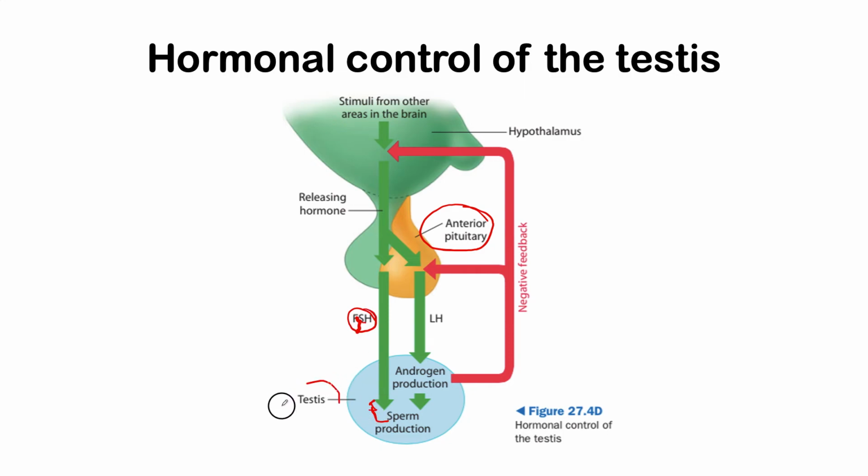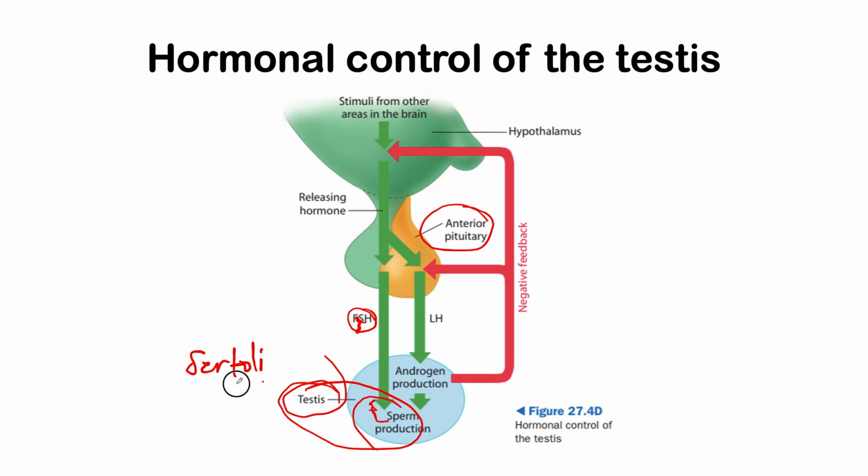So, ayan, dito siya. Pupunta siya sa inyong testes for spermatogenesis. If there are already a lot of sperm cells that have been produced in your testes, the Sertoli cells, remember si Sertoli cells, siya yung nourishing cells for your developing sperm cells.